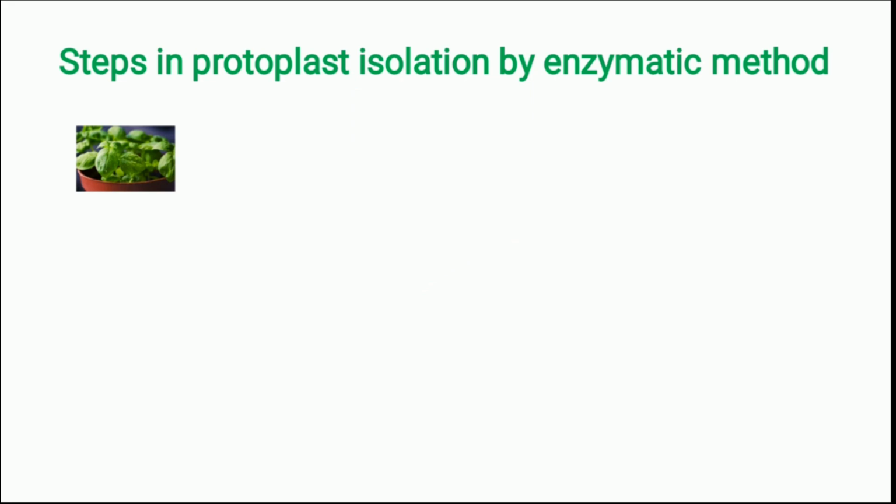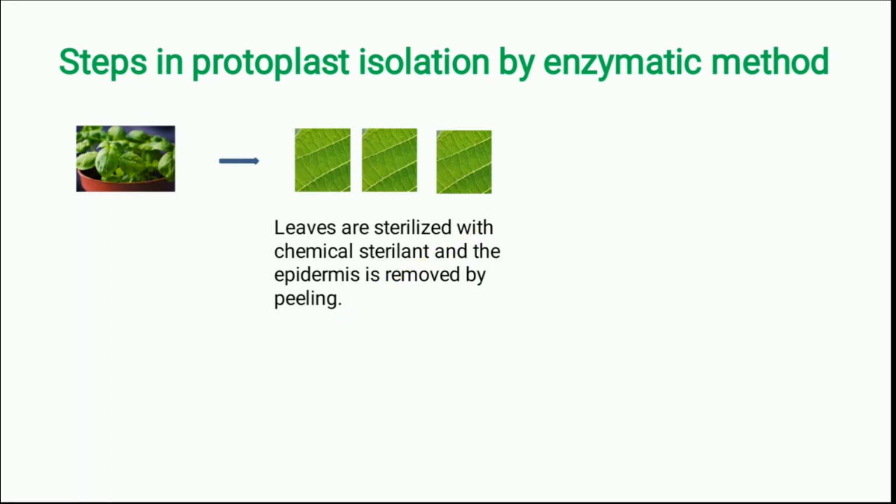The steps involved in protoplast isolation by the enzymatic method: first, collect plant tissues in which the cells are loosely arranged, such as leaf tissues, which give a good yield of protoplast. Then the leaves are sterilized with a surface sterilant, and the epidermis is removed by gently peeling it out.